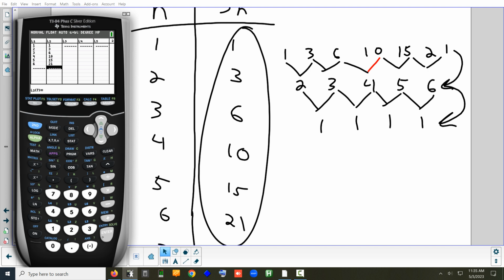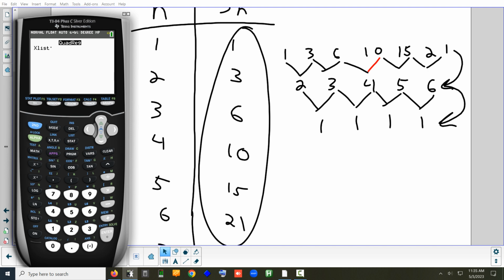Okay, now we're going to tell the calculator to look for a pattern in these numbers. And we know what kind of pattern we're looking for. What kind of pattern did I say that those numbers are going to be? Quadratic. I said it was going to be a quadratic. So I'm going to tell the calculator to try to look for a quadratic pattern in those sets of numbers.